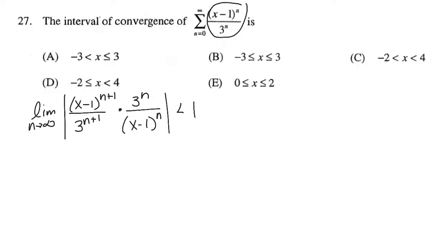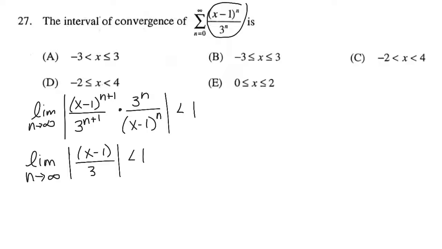Working this out, a lot of times you should be setting up something that will cancel out quite nicely. So we have the absolute value of x minus 1 on top, and in the bottom everything cancels but the 3, and that has to be less than 1.